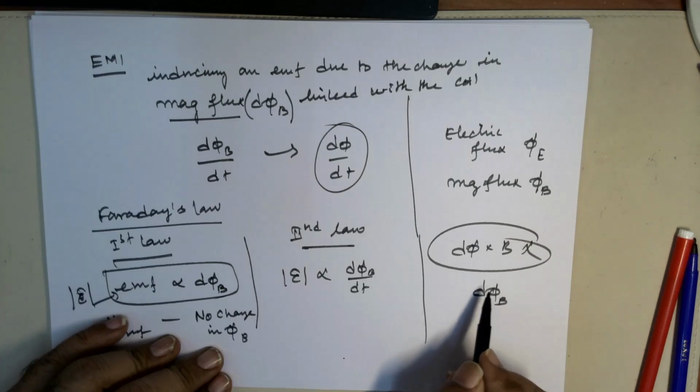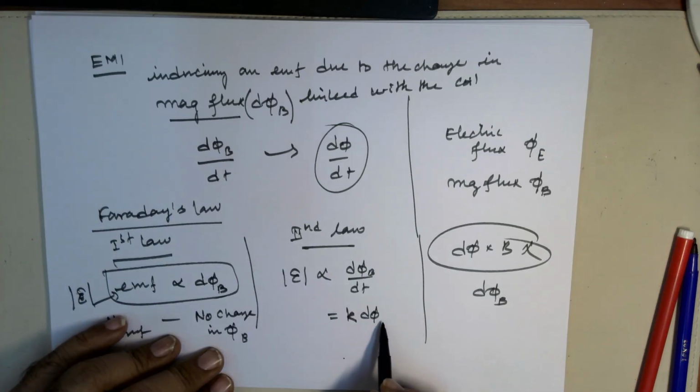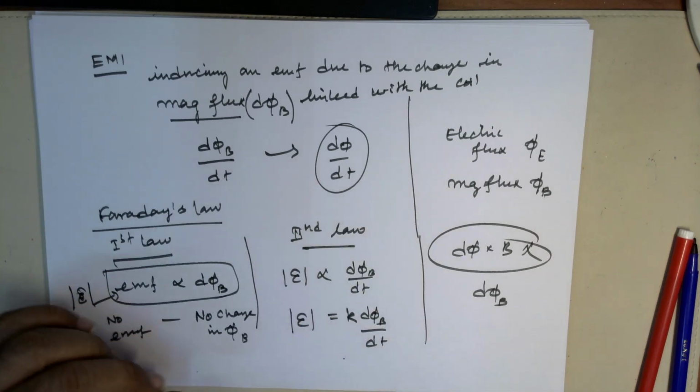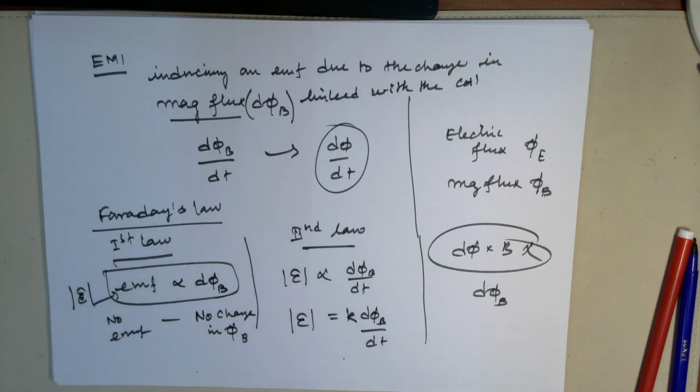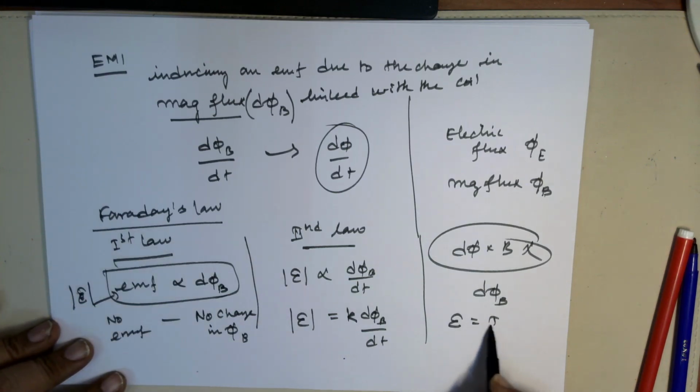So here you know very well this is nothing but magnetic flux. So you can introduce the proportionality constant that is called K here. So K times d phi B divided by dt is equal to the induced EMF.